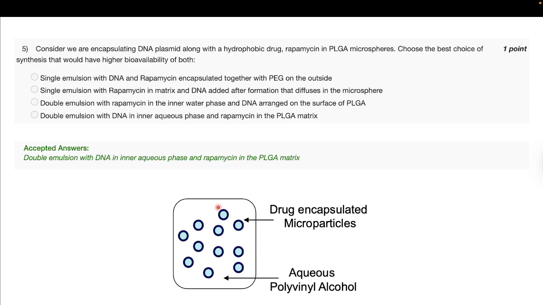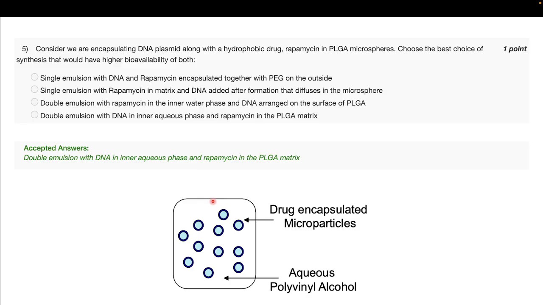You will have to encapsulate DNA in the inner aqueous phase, and rapamycin can go in the PLG matrix, which is hydrophobic in nature. In that way you will have higher bioavailability for both DNA as well as rapamycin. Is this making sense? Is this clear? If it's unclear, I can explain it again, or if there are any other doubts regarding this method, we can discuss that as well.